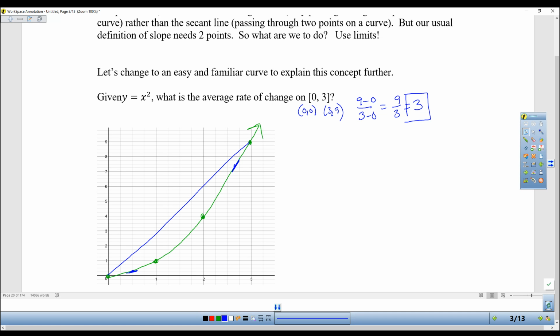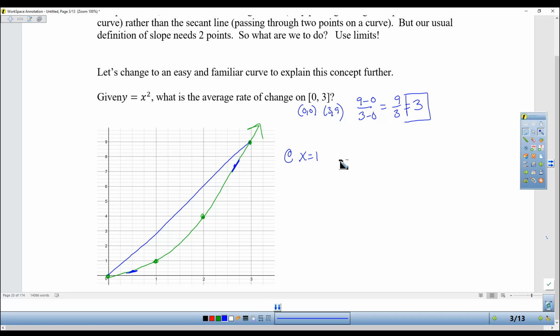And what we want to find, I didn't quite get it on my paper here to make everything fit, but we want to find the instantaneous rate of change at x is equal to 1. I can't spell. The instantaneous rate of change at x is equal to 1.